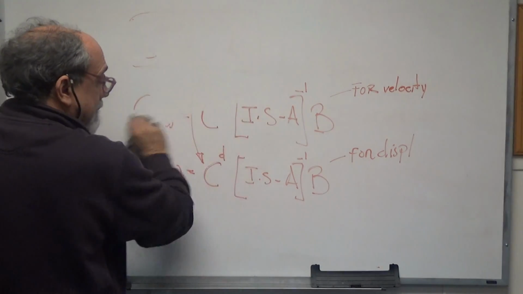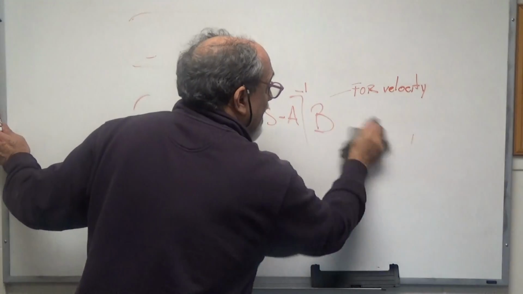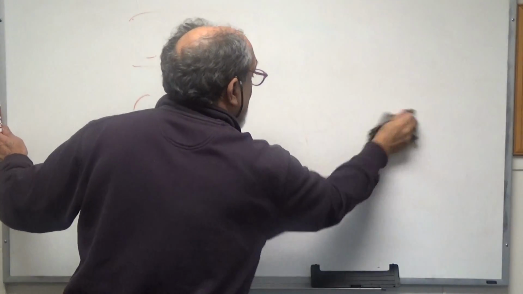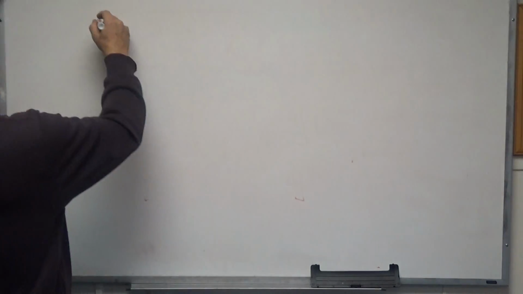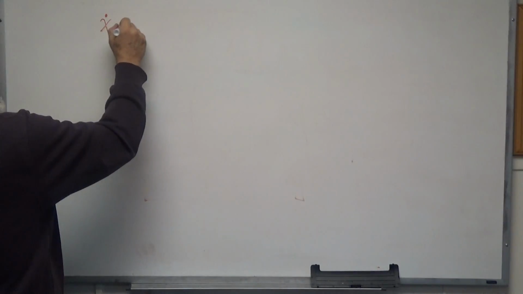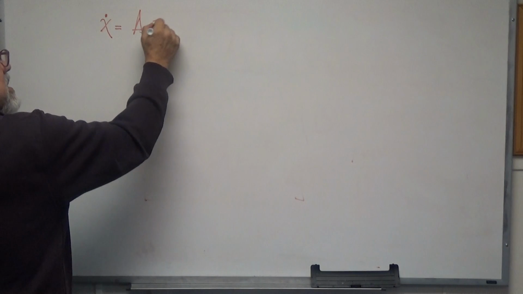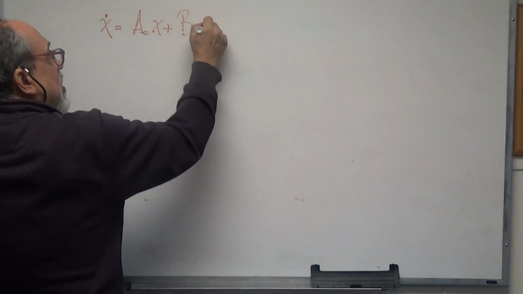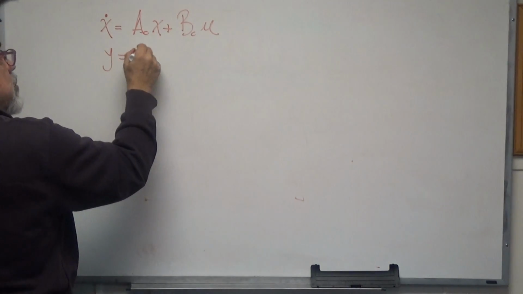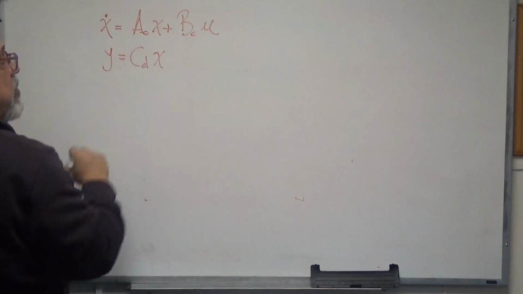Now, let's do one more. We have x dot equals ACX plus BCU, y is equal to CDX, right?